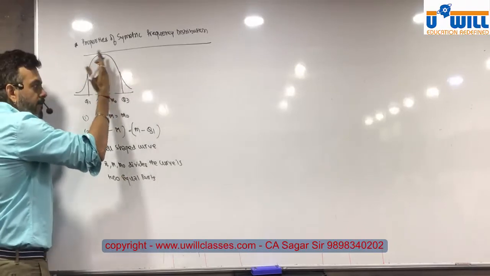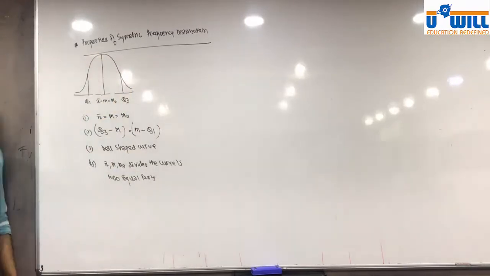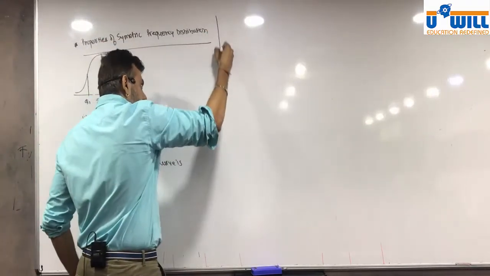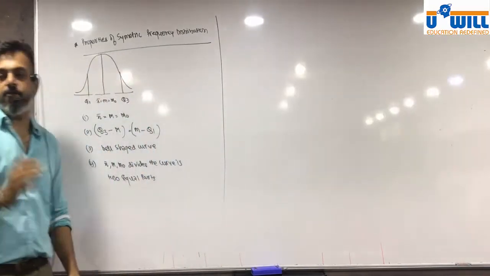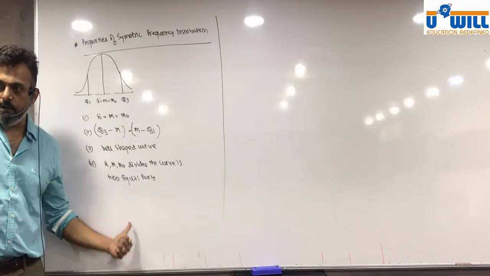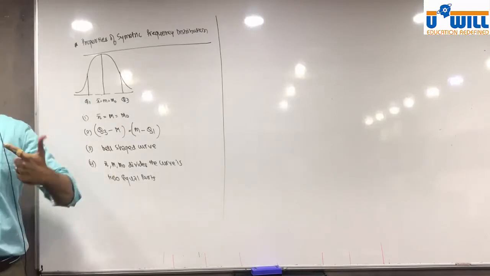Equal parts, half over here and half over here. Now, this is a symmetric frequency distribution. Now, what about skewed? If I say skewness is lack of symmetry, then this is symmetric. If it is not symmetric then it is skewed.